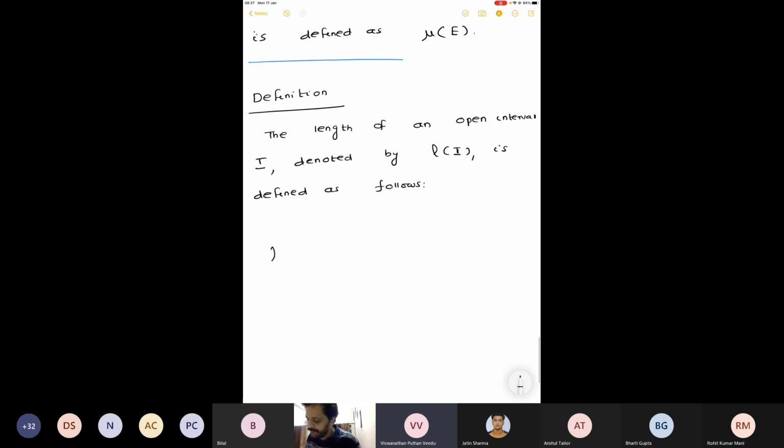Length of I is equal to b minus a, if I is the open interval (a, b), a and b are real numbers, and a less than b. And I will define it to be 0 if I is the null set. I will treat the null set also as an open interval, for instance (a, b) with b equal to a.